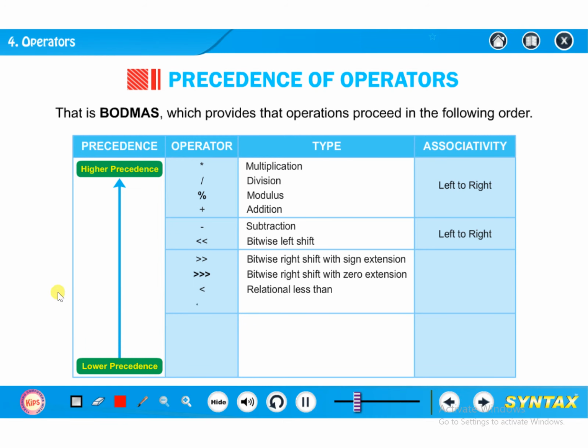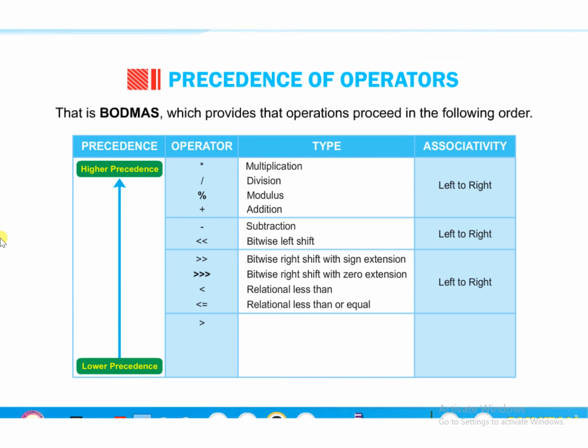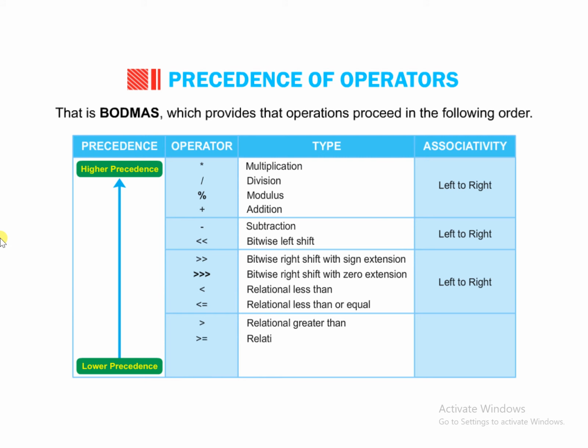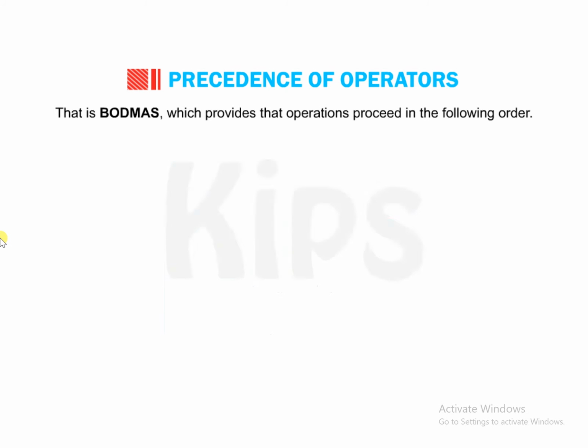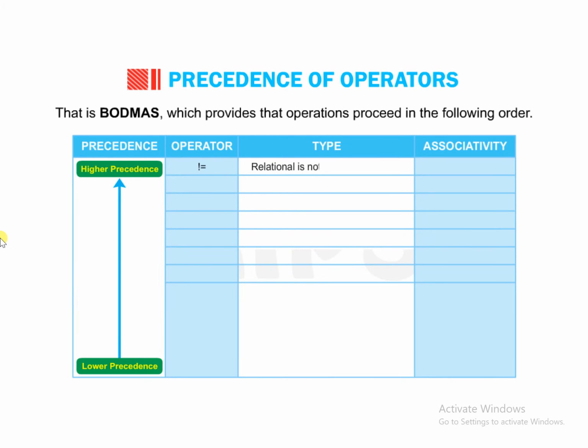Relational less than. Relational less than or equal, left to right. Relational greater than. Relational greater than or equal. Type comparison, object only. Relational is equal to, left to right. Relational is not equal to, left to right.